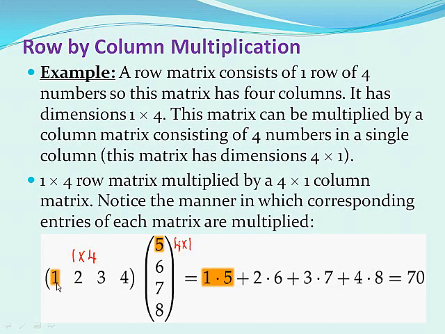You'll take 1 and multiply with 5, 2 and multiply with 6, 3 and multiply with 7, 4 and multiply with 8. So you'll get the total sum to be equal to 70. This is how we multiply a row by a column matrix. We are going to use this operation in defining the product of two matrices.